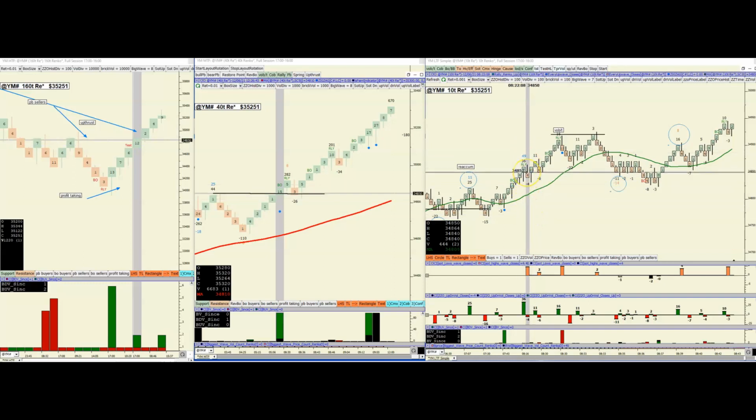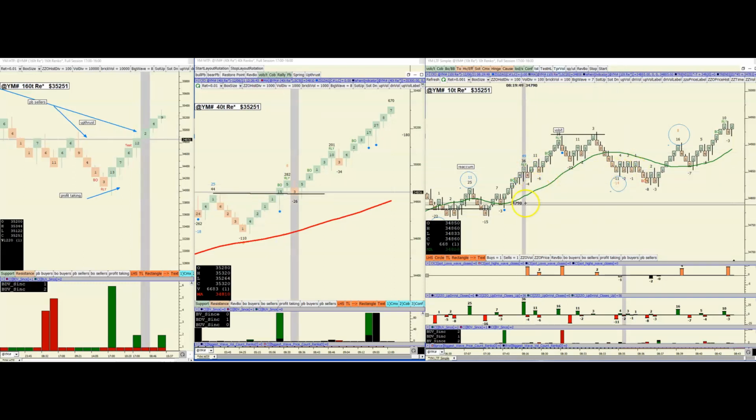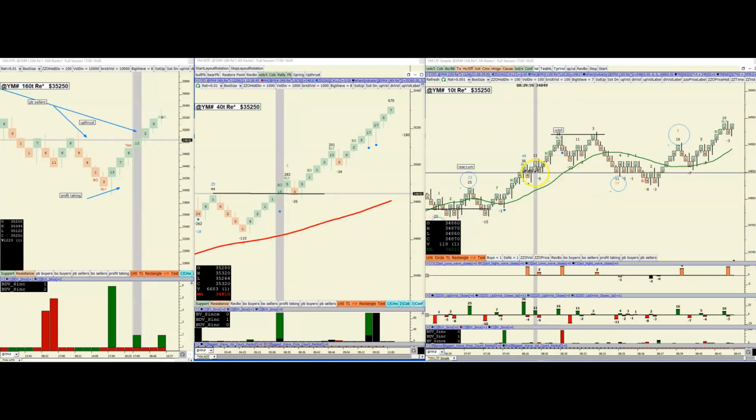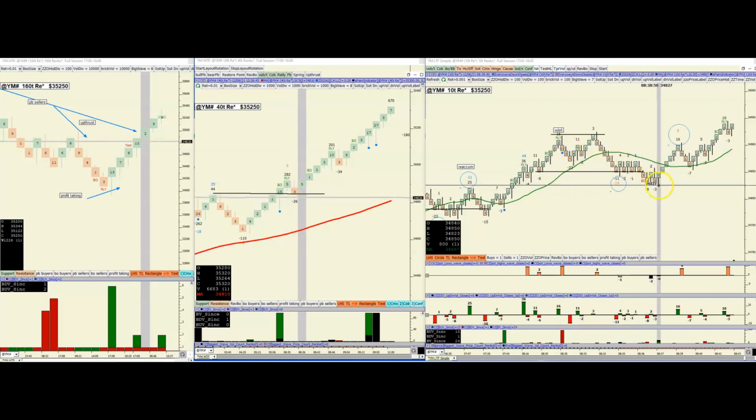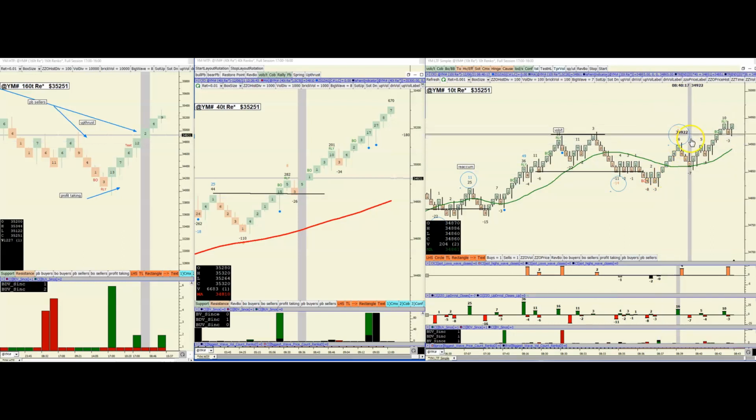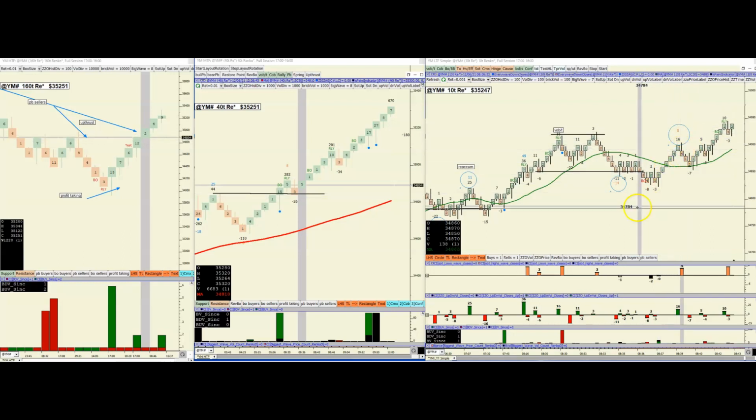So the selling that occurred took it to support. When it goes to support, it did a spring, a false breakdown, right? So it does a false breakdown, springs it and rallies it. This is your indication of strength coming right back in.